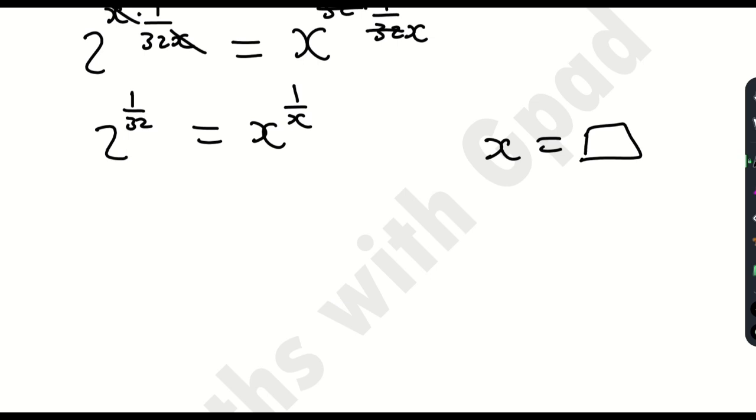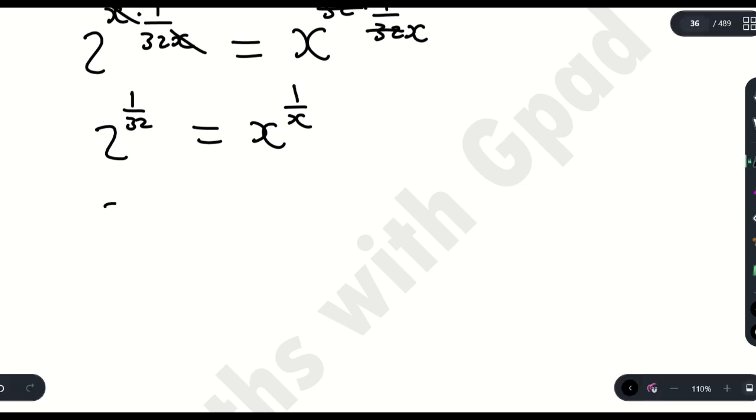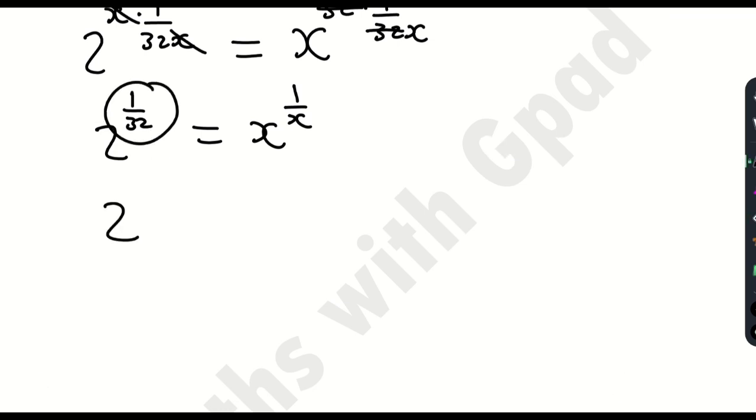So let's see what we can do to 1 over 32 so that it will be applied to 2, just to increase the value of 2 and try to see how we can match the base to the denominator of the fraction.